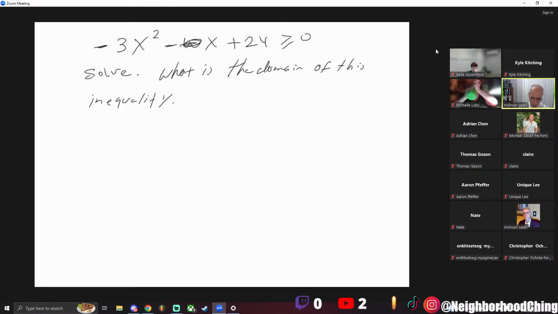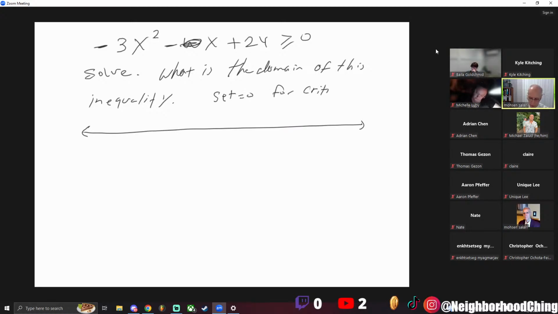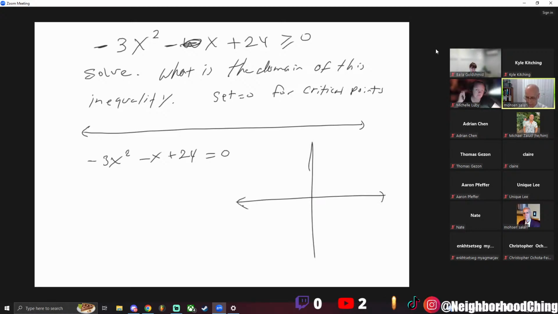Okay. So in order for me to figure out the critical points, I have to set that equal to 0. So first, set equal 0 for critical points. So what are the critical points? If I say minus 3x to the second minus x plus 24 equals 0, first of all, let me also tell you that the graph of this function f of x is going to be something like this.